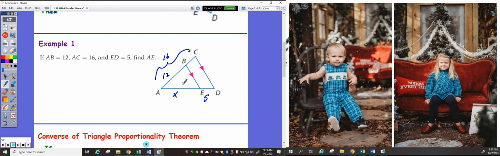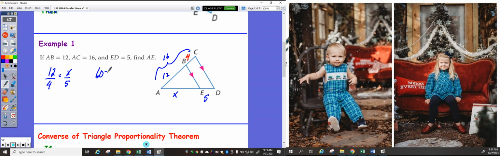So I can set the proportion up that 12 is going to correspond to 4, right? Because if this is 12 and this is 16, this is 4. So 12 corresponds to 4 as x corresponds to 5.